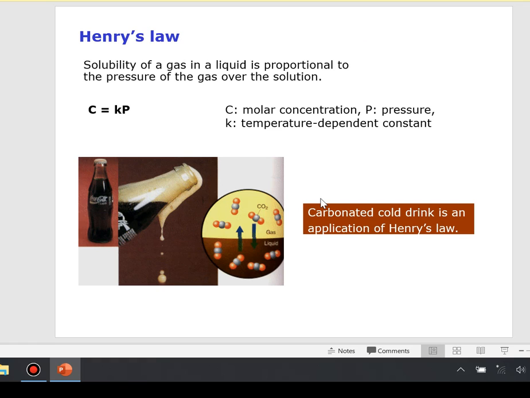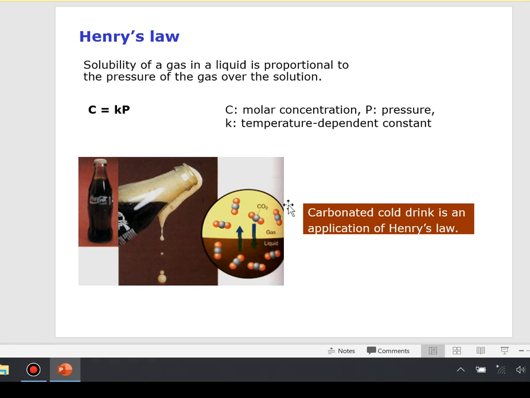The most familiar example of Henry's law is the carbonated cold drink. In a carbonated cold drink, carbon dioxide gas is dissolved in water.